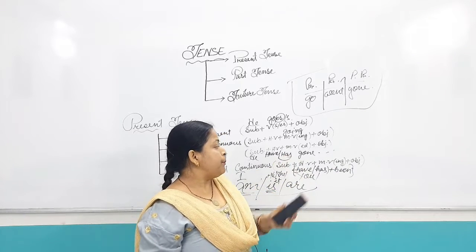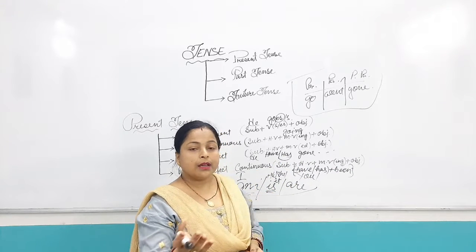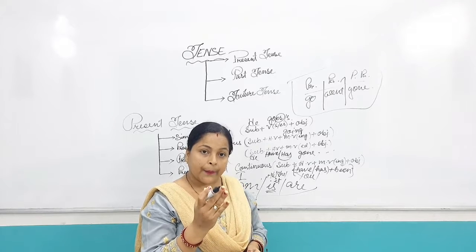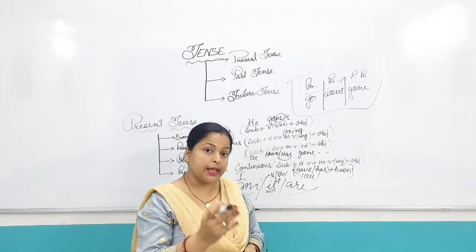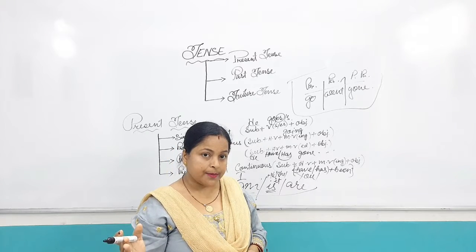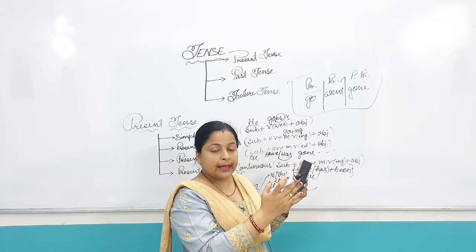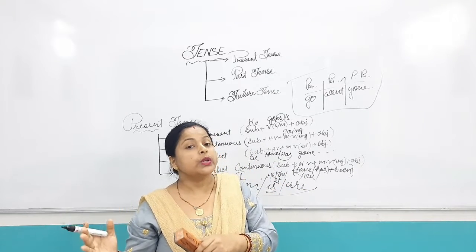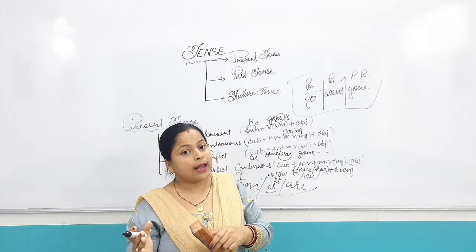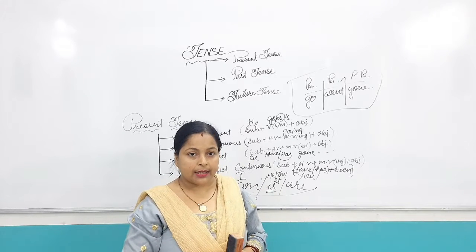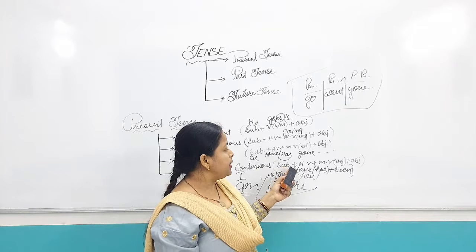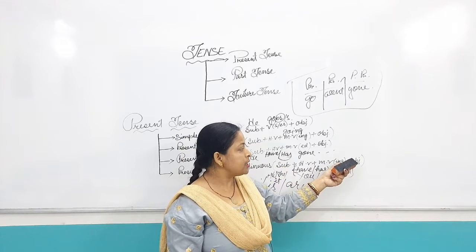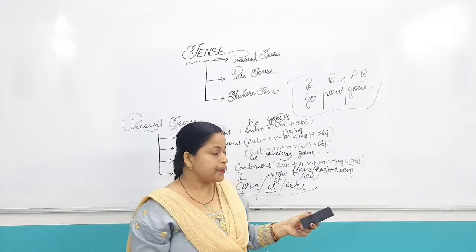So one example I may give you. It has been raining for 5 days. The building has been constructed for 2 years, 2 साल से बिल्डिंग बनाया जा रहा है. The building has been constructing for 3 years.